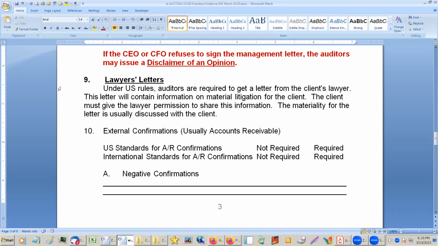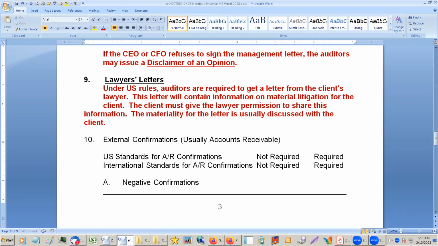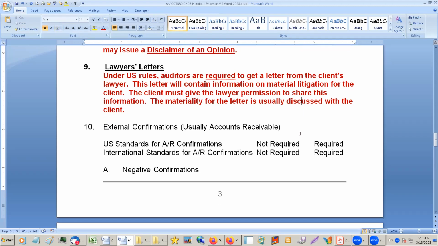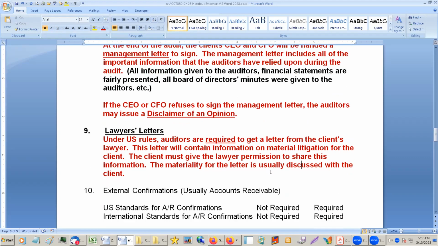Okay, a lot here. Let me go over it. US auditors are required to get a lawyer letter. And this goes to our legal system.